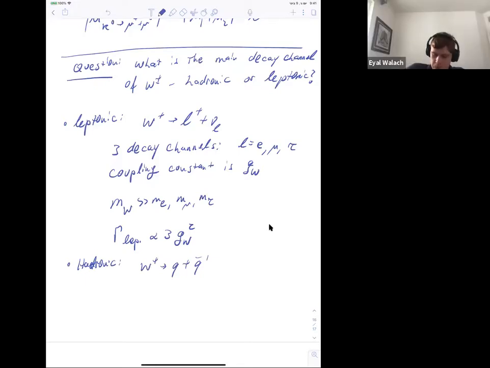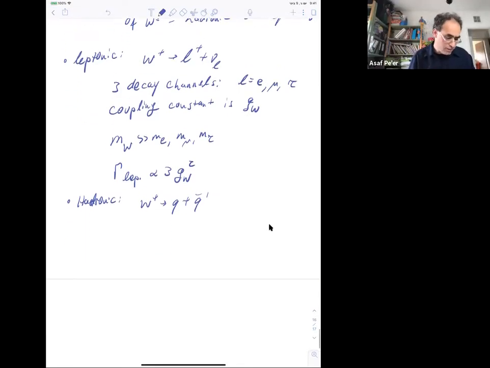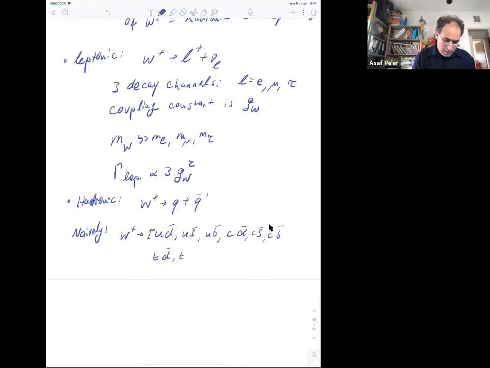We have 3 generations of quarks and 3 generations of anti-quarks. So naively we can write down W plus would go into up anti-down, up anti-S, up anti-B, charm anti-D, charm anti-S, charm anti-B, and then T anti-D, T anti-S, and T anti-B.